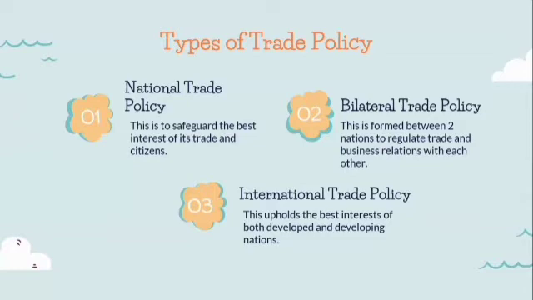The second type of trade policy is bilateral trade policy. This policy is formed between two nations to regulate the trade and business relations with each other. For the international trade policy, international economic organizations such as WTO and IMF define the international trade policy under their charter. The international trade policy upholds the best interests of both developed and developing nations.